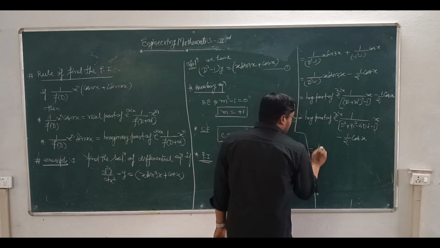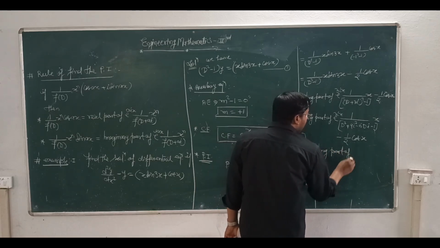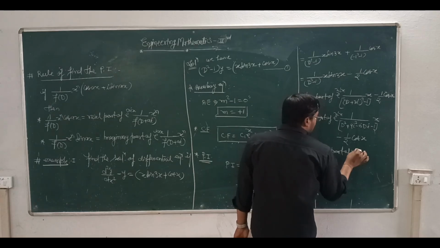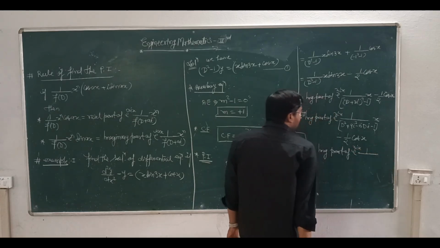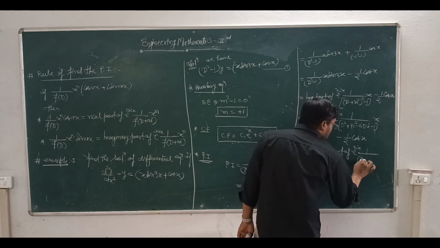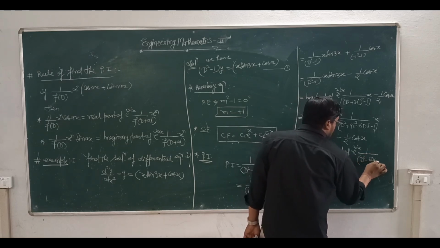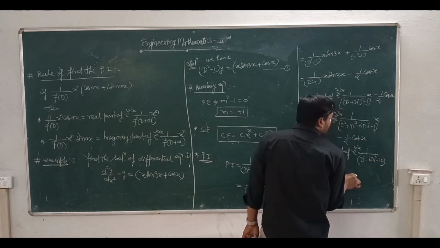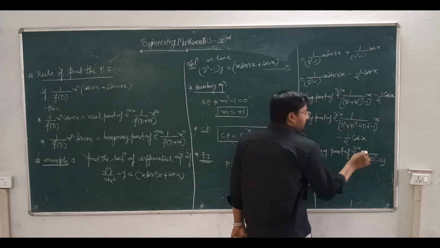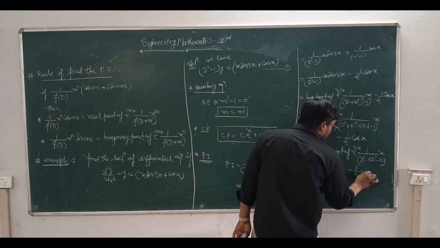Now write the imaginary part of e to the power 3ix times 1 upon D square plus 6Di minus 10, since i square is equal to minus 1, x minus 1 upon 2 cos x.